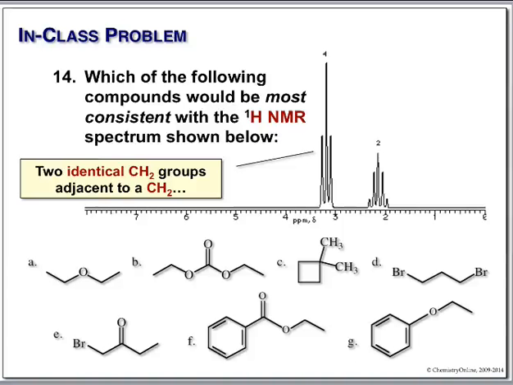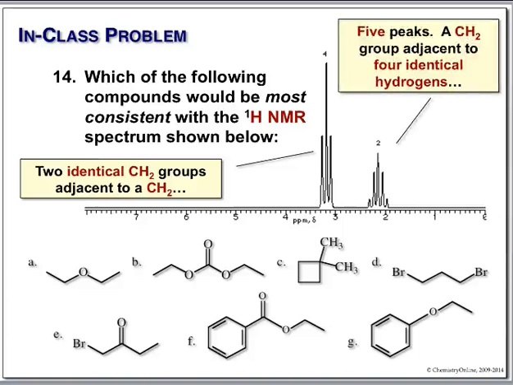This guy here, because it's 5 peaks and worth 2, is going to be a CH2, but it has to be next to 4 magnetically equivalent hydrogens. Now, we can't have a CH4, can we? But we can have 2 CH2s.